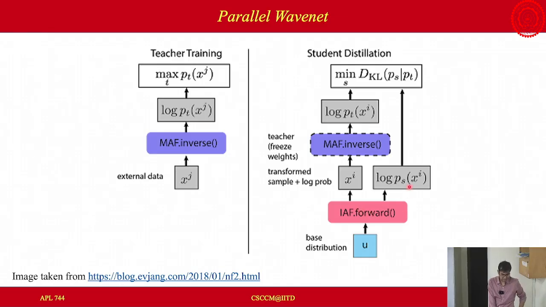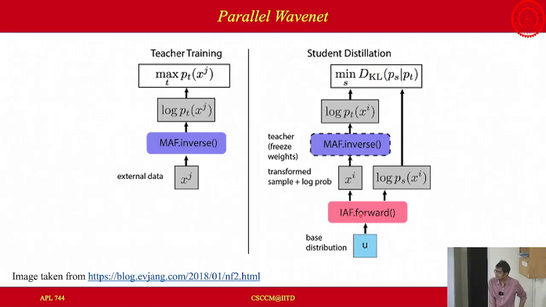That will give you your x, and log probability, obviously, both. The x you give to MAF inverse, but the weights are frozen. So this is pre-trained. This is the teacher. That will give you this log. This and this should match. So you minimize the KL divergence between the two. That will give you the parameters of this student.